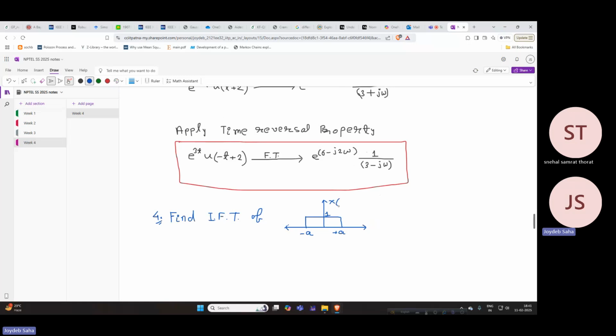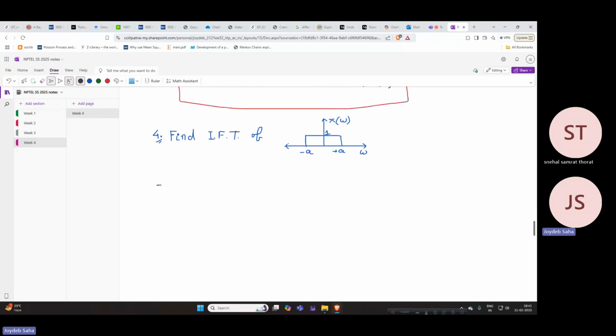This is capital X(omega) and this is omega. So mathematically we can write capital X of omega is equal to 1 for minus a less than omega less than plus a.